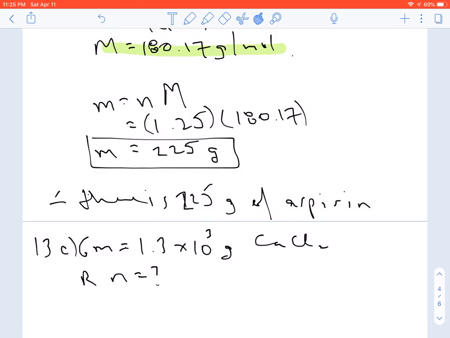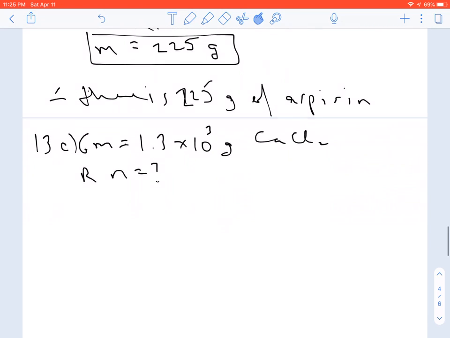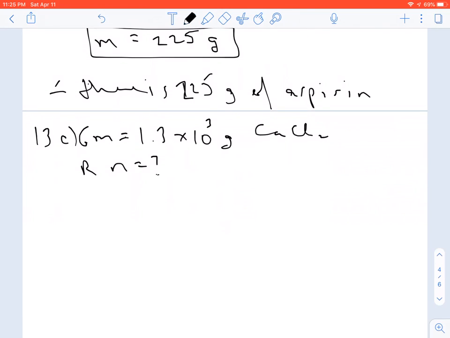All right, so if I look back at my formula that I had up here a minute ago, the formula was mass equals number of moles times molar mass. If I rearrange this equation and bring the big M down here, I end up with n equals little m over big M. So my approach is going to be little n is equal to mass divided by molar mass.